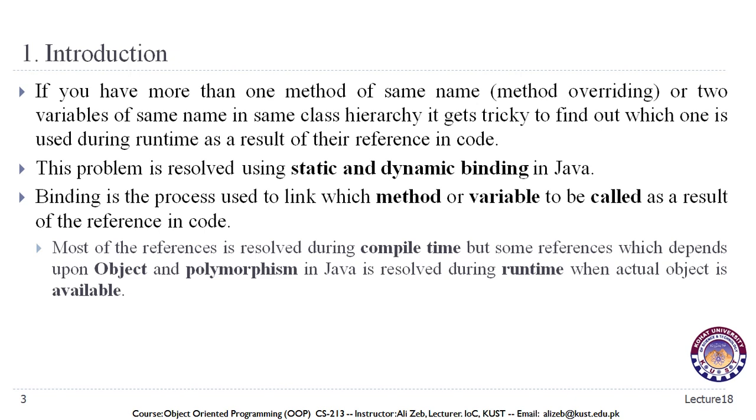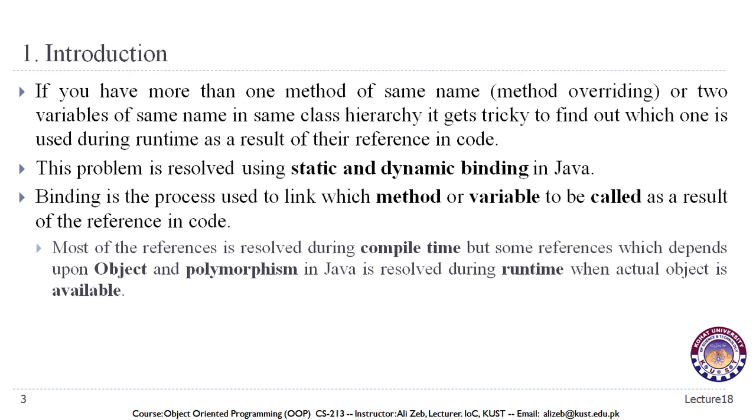Most of the references are resolved during compile time. In the majority of cases, we will know in advance, when we are compiling the program, which method would be called or which variable will be used.